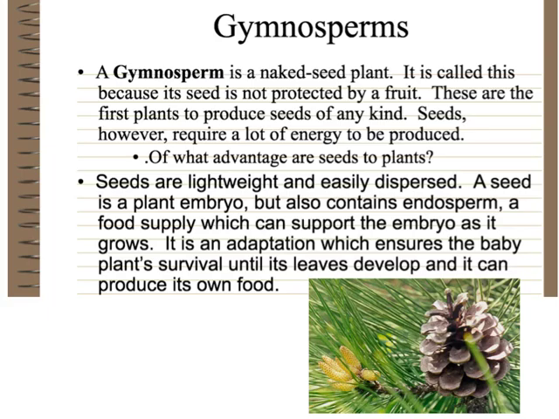All right, the next group is the first group of seed plants. These are called the gymnosperms. Gymnosperm literally means naked seed. These produce seeds that are not surrounded by a fruit. So seeds are an advantage because they contain not only the baby plant but something called endosperm, and endosperm is important because it's a food supply to get the baby plant started.